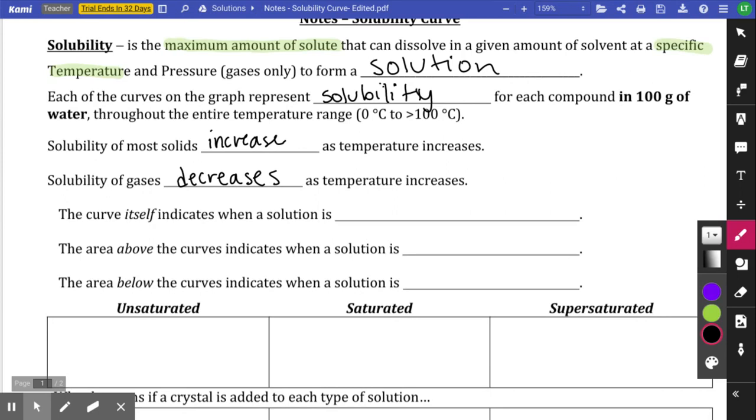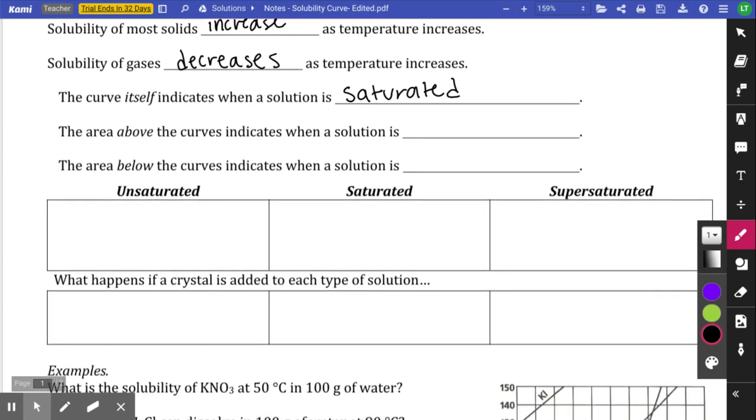Now on our graph, obviously, there's a lot of space above and below the curve. So we need to talk about what that means as well. The curve itself tells us when a solution is saturated. So I'm going to define that right down here. A saturated solution, the very basic definition that I can give you, is that it is full.